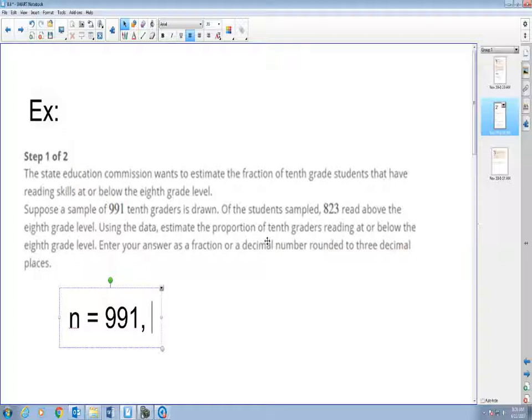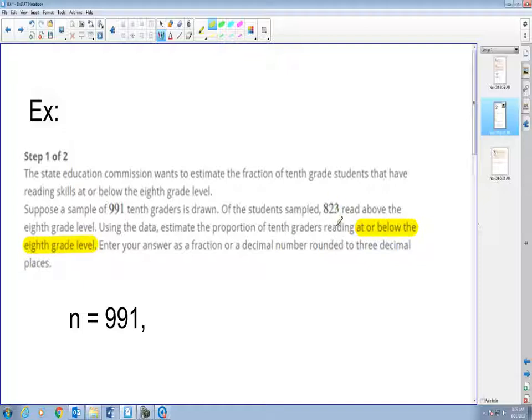Estimate the proportion of 10th graders reading at or below. Here's a tricky part right here. We want to find the proportion reading at or below the 8th grade level. 823 is reading above it. So how many people are not reading above it?